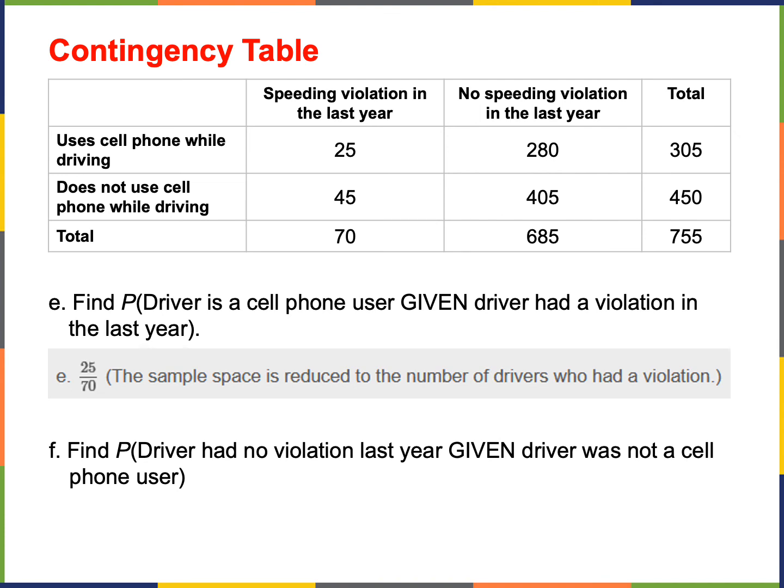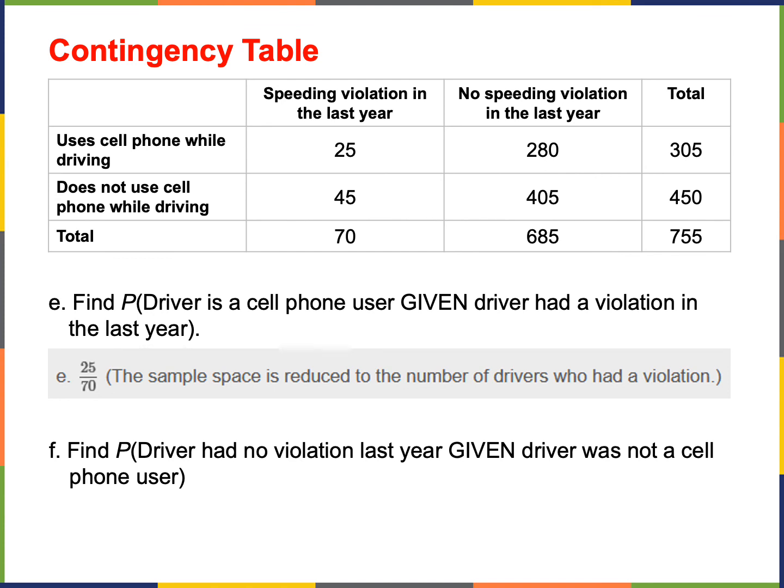Okay, let's try this one. Find the probability that the driver had no violation given that the driver was not a cell phone user. This is the conditional, because it comes after the word given. That phrase after the given is what reduces our sample space; you can think of that as your condition.